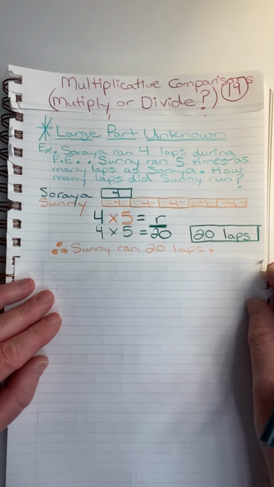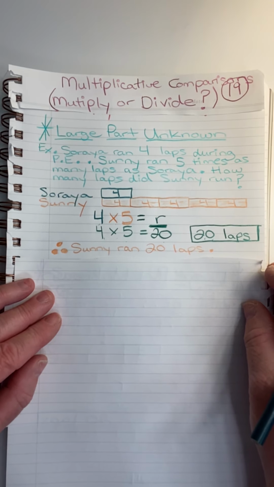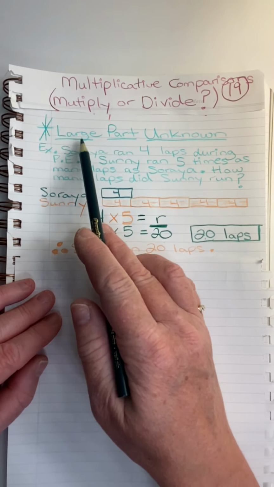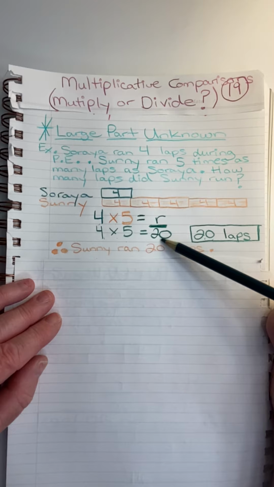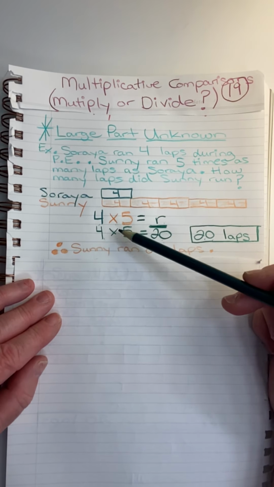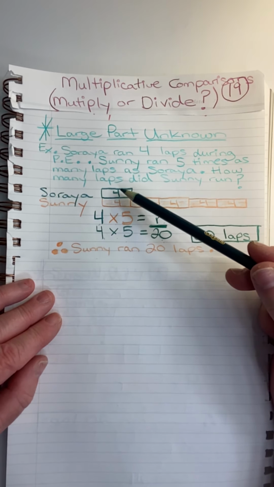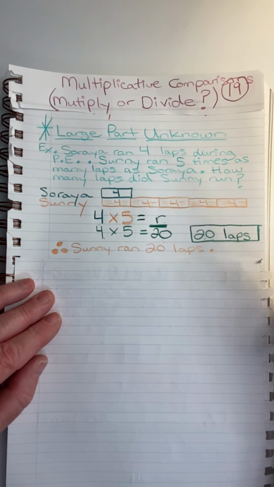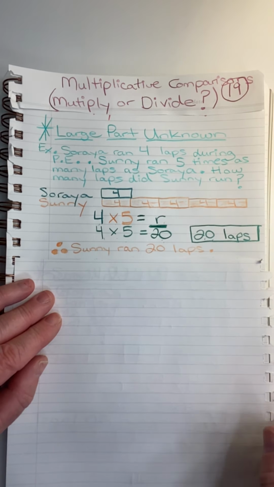Okay, if you need to pause right now to get caught up, go ahead and do so. But you can see that this problem, the large part was unknown. The 20 laps was our unknown number. So multiplication for our comparison bars was probably the most efficient way to attack this problem. Okay, good.